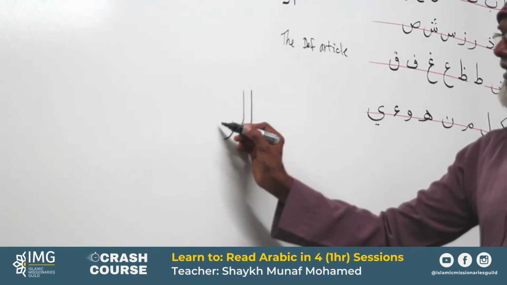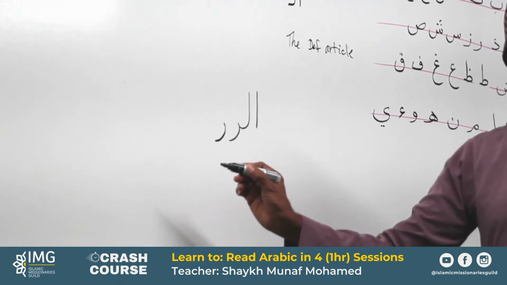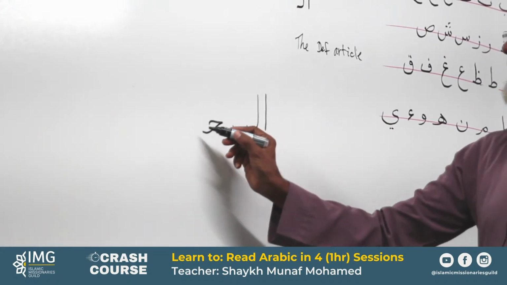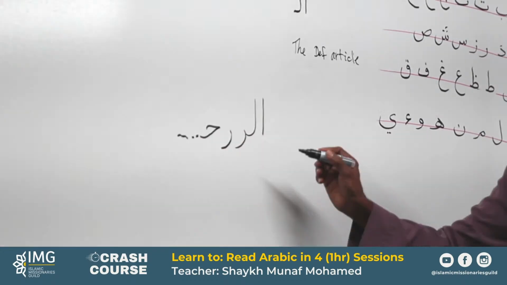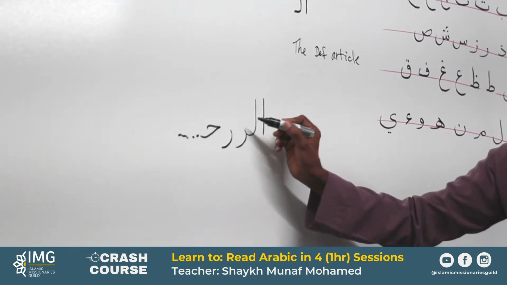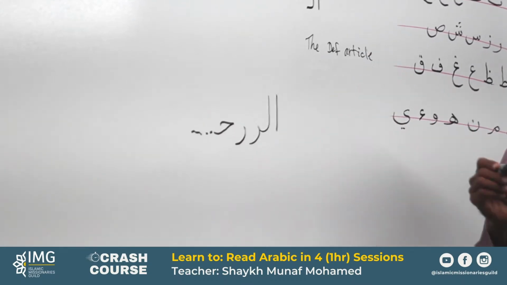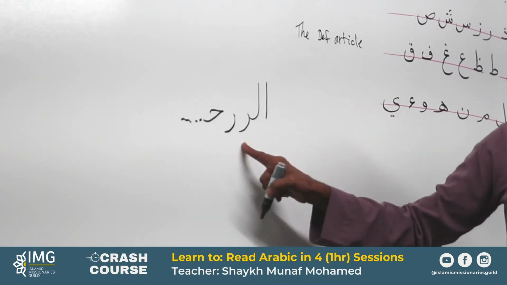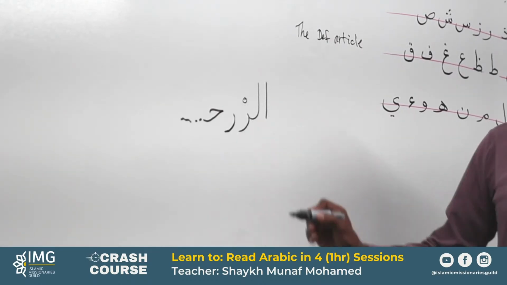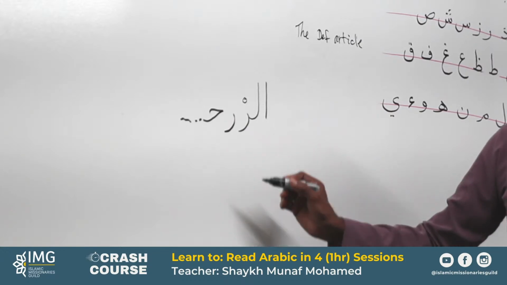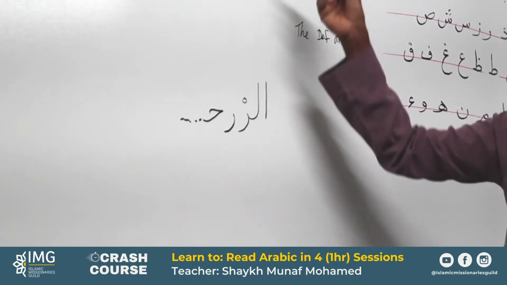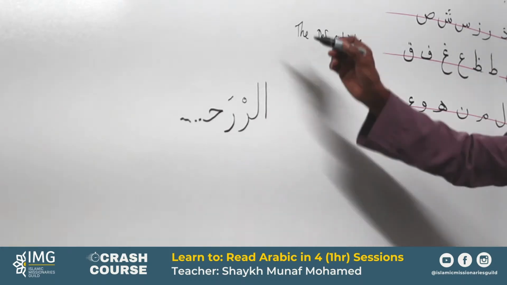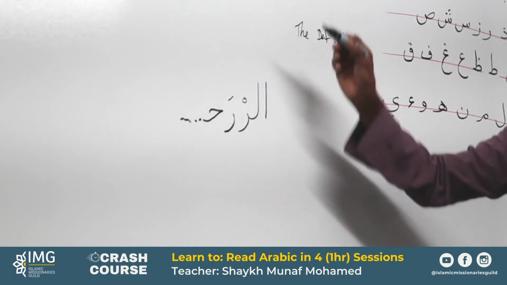And then we'll have a ra again. And then the ha, and the completion of the word. So remember the rule with the shadda: the first one of the two letters has a sukoon, and the second one has whatever vowel is there. So this is why you have the shadda there.